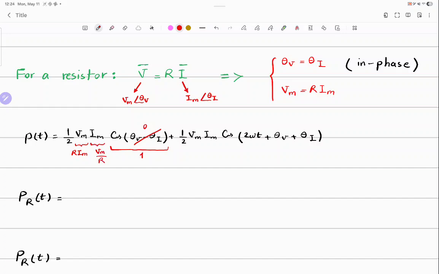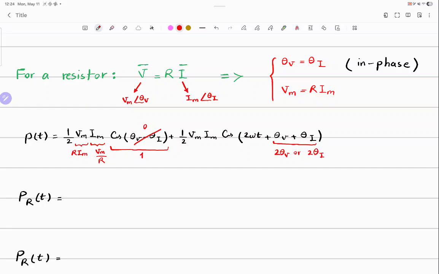Vm over R. Yeah, because of the red equation, the second one, Vm is equal to R Im, so I can replace it with that. Okay? What else do I have? What can I write instead of theta V plus theta I? I can write it as 2 theta V or 2 theta I.